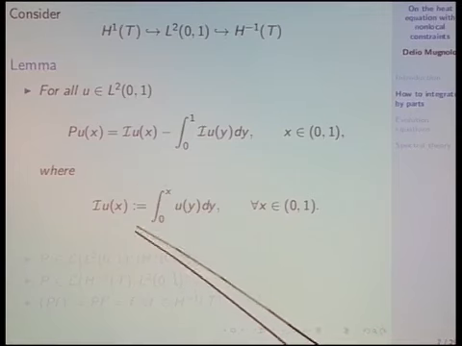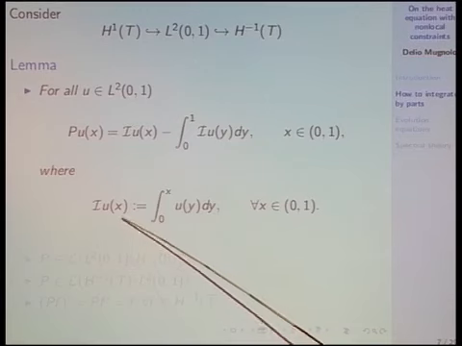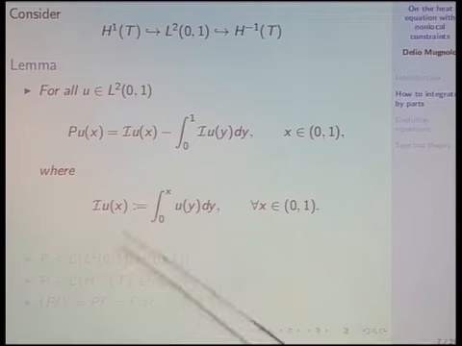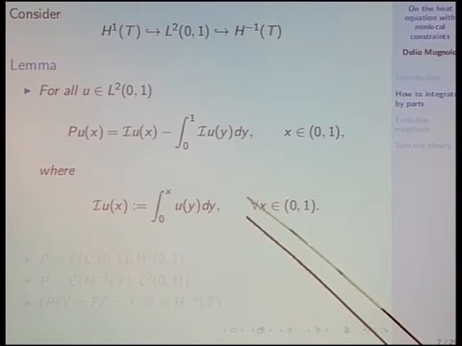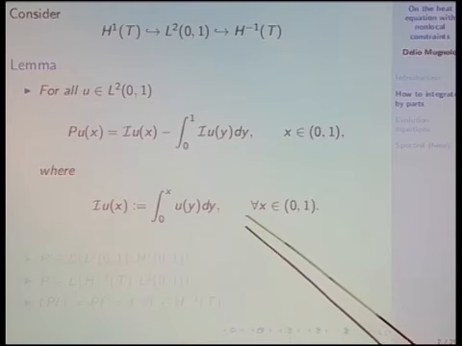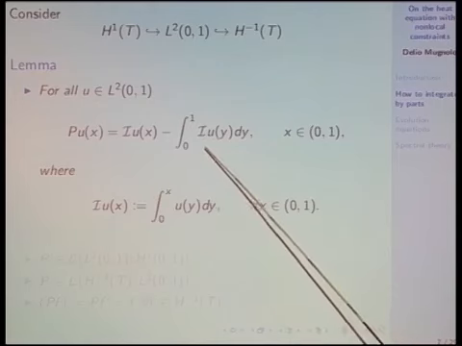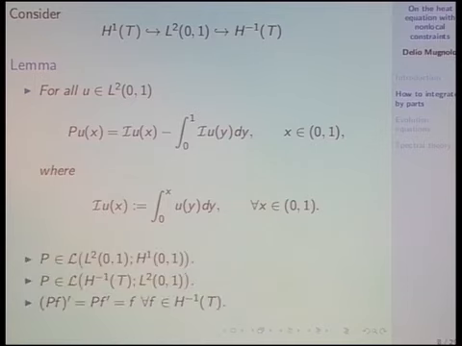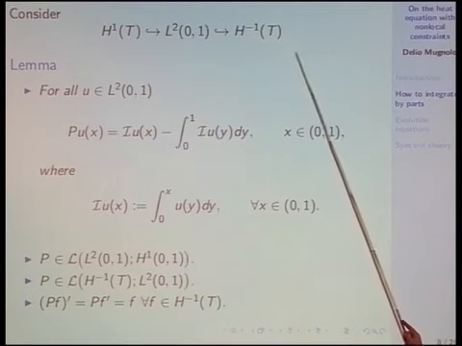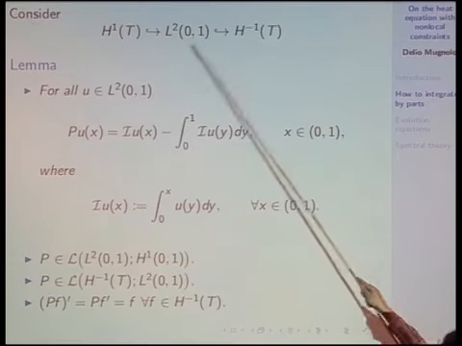So if you take script I to be this operator, then P, which I recall was defined by duality from this primitive operator, takes this form if you apply it to L2 functions. And with this representation, you can promptly prove some properties of this P. So the nice thing is that this P maps in a nice way these spaces in this chain.